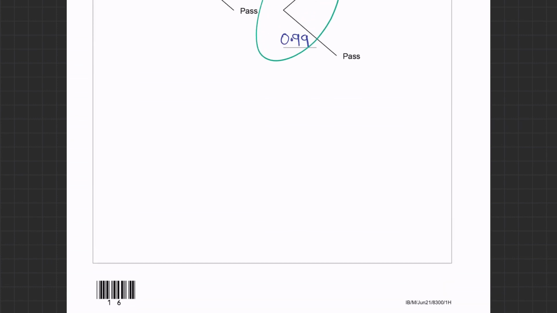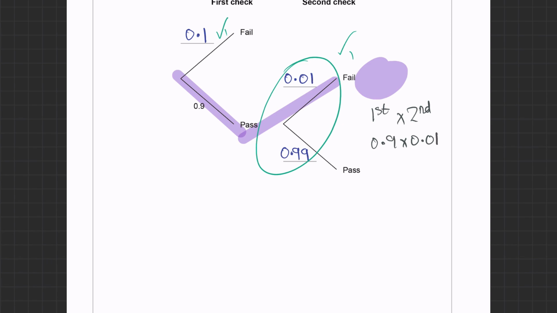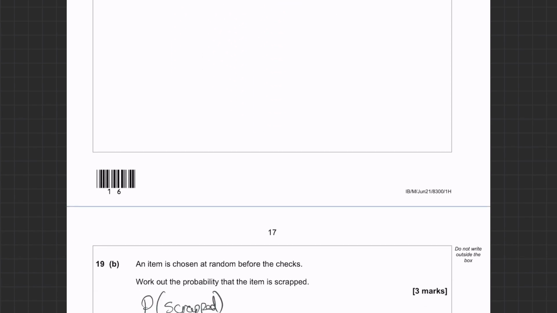But you don't just say, well, we're going to add 0.01 because the chance of this happening anyway is 0.9. So we're going to have to say, if it passes the first round, I'll highlight this, it's then going to have to fail the second round. And to find this probability, it's the first probability times the second probability. So 0.9 multiplied by 0.01. I'm going to write that again further down.